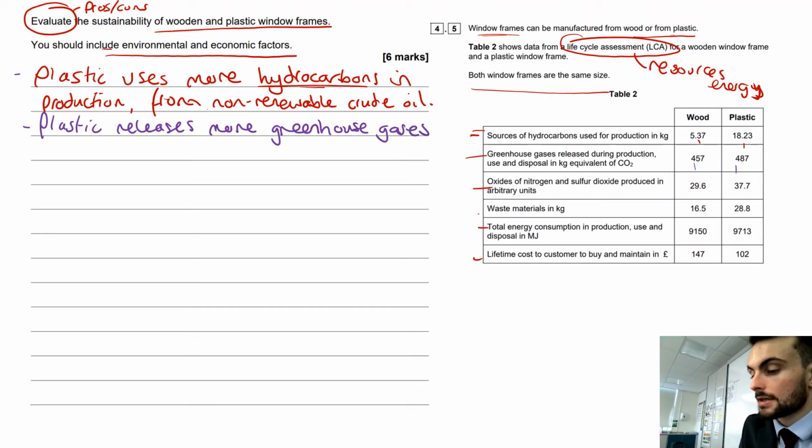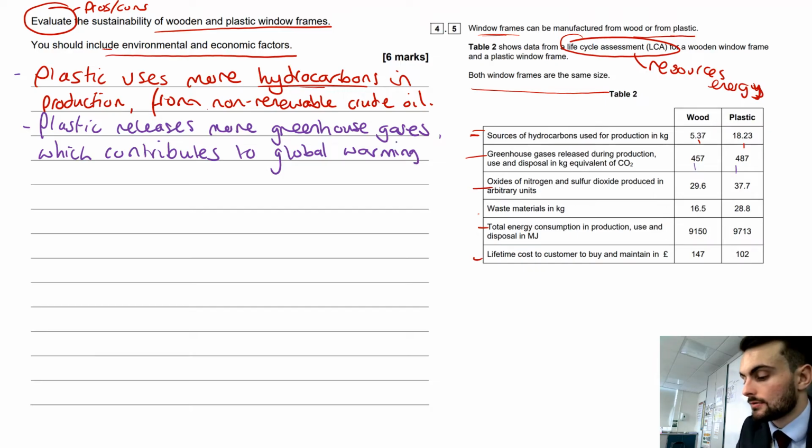We can just say greenhouse gases, and link it to our general knowledge in science, which contributes to global warming. So you see the pattern.